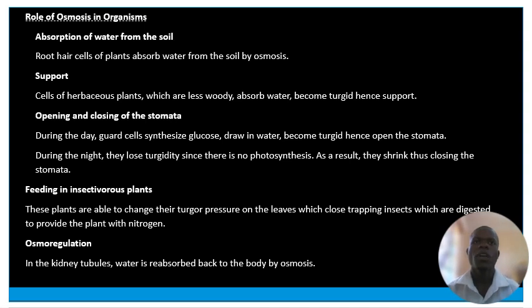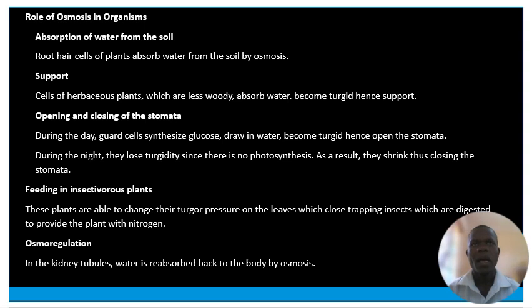This opening and closing of the stomata normally takes place during the day and night hours. During the night we can assume there is no photosynthesis, so the guard cells lose rigidity and shrink, closing the stomata.